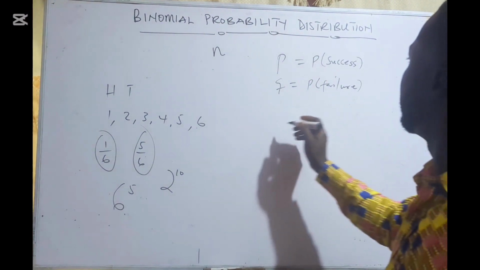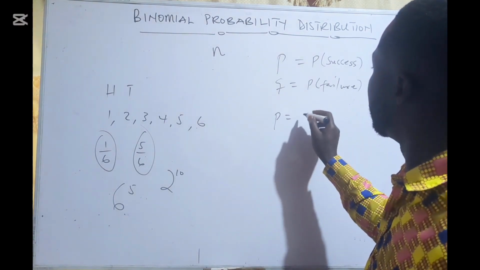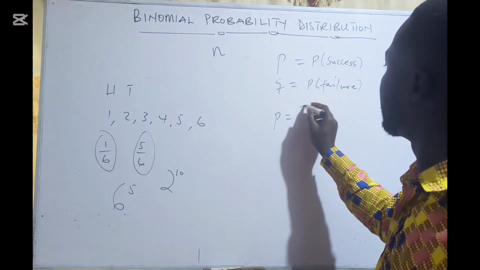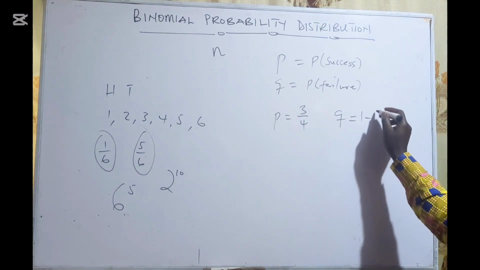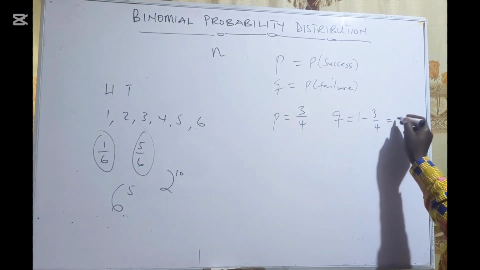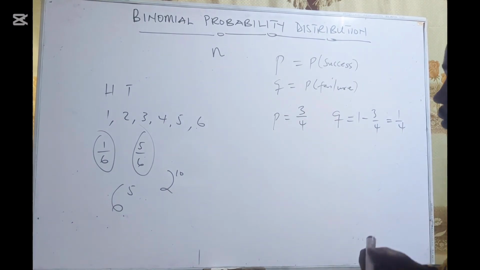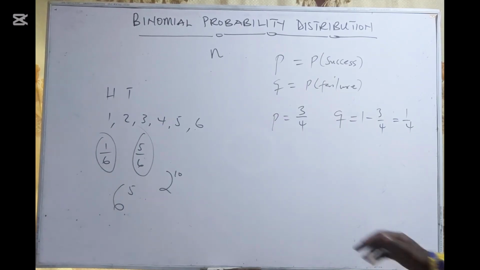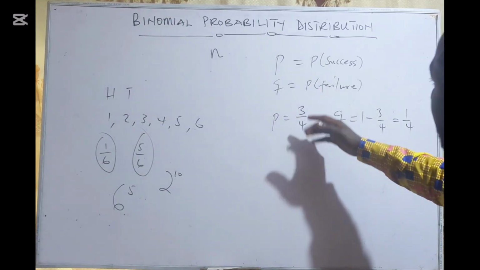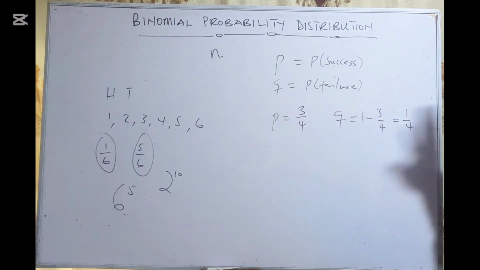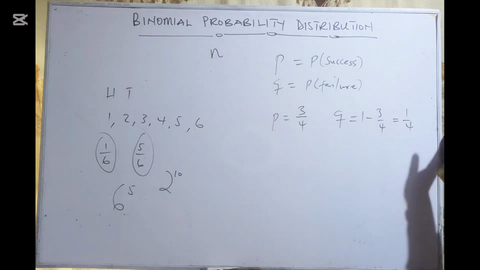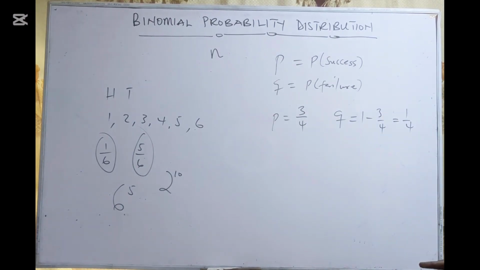So let's say the probability of success is 3 over 4. Then my probability of failure will be 1 minus 3 over 4, which will give me 1 over 4. Is that okay? So if you have the probability of success, what you do is subtract from 1, so that you can get the other way around. That's the probability of the failure. Is that okay?